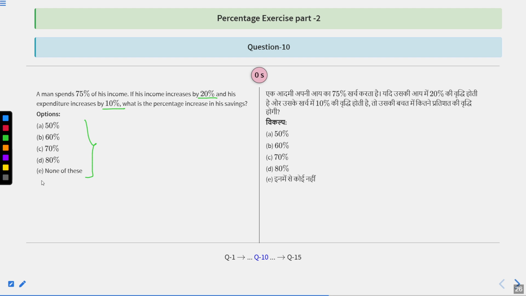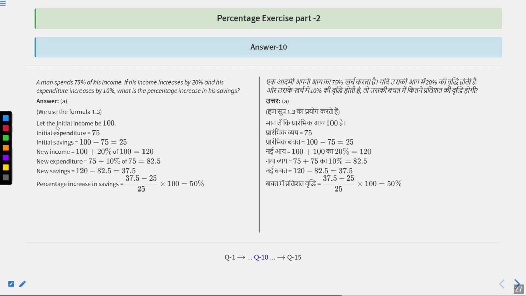Time's up. Let's see the solution. Let the initial income be 100. So he spent 75% of his income. So expenditure will be 75. So saving will be 25, 100 minus 75. Now new income is increased by 20%. So 100 plus 20% of 100, which is 120. Expenditure is also increased by 10%.